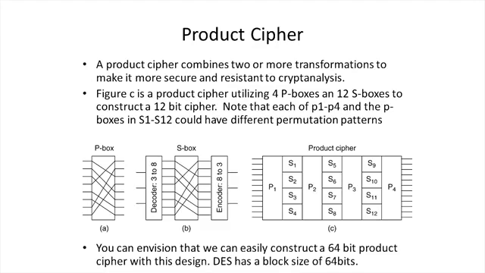Note that each of the P1 and P4 P boxes and the P box inside each of those S boxes could have a different permutation pattern inside. You can envision that we can easily construct a 16-bit product cipher by stacking up these patterns with the same design.